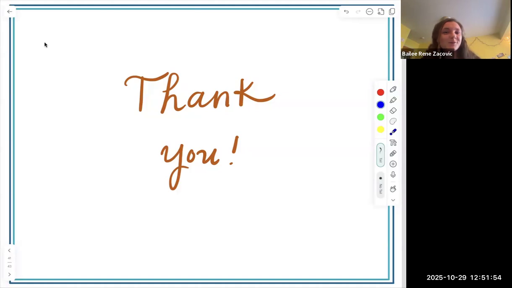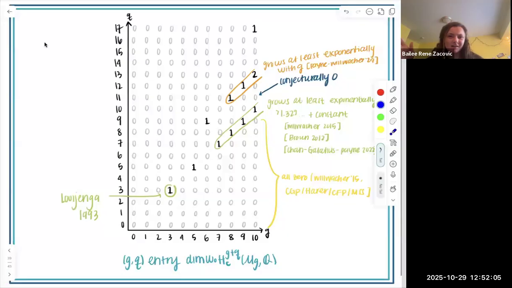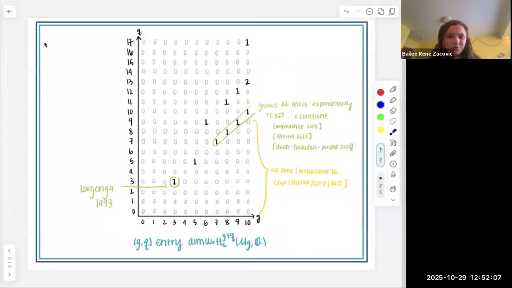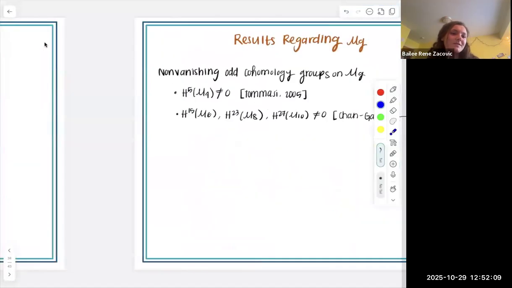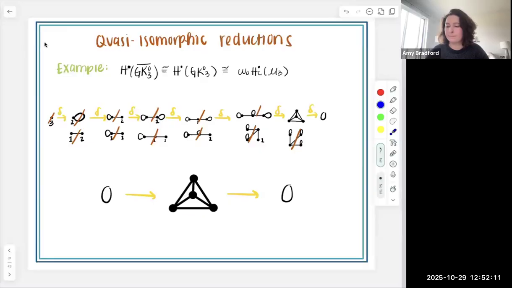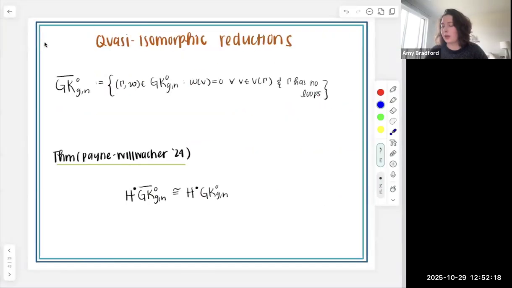Okay, I might have two questions. So towards the end, there was the moment due to the Payne-Willwacher result where you were able to eliminate all the graphs that had loops or the labels that exceeded 0. So why was that again? Maybe you can show the result again from 2024. Yeah, so let's go back.